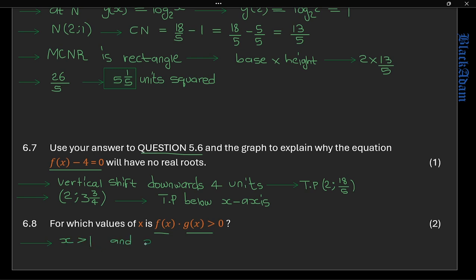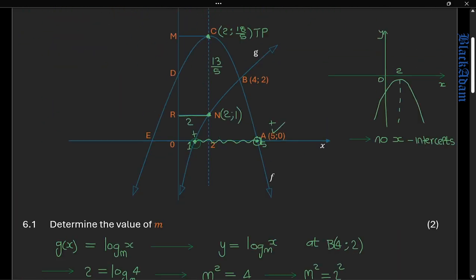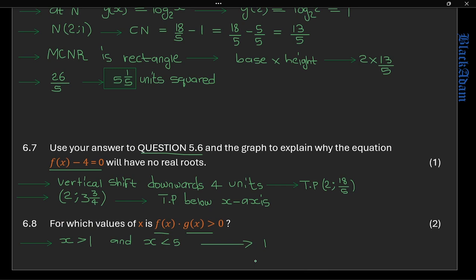Okay, and then from there we need to know that x is going to be greater than 1 and less than 5 on that interval. So that's where we can find the positive values when we multiply. So for that reason, the values of x where the product of the graphs will be positive are x greater than 1 and x less than 5.